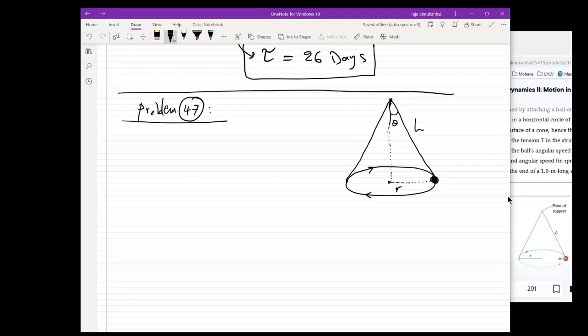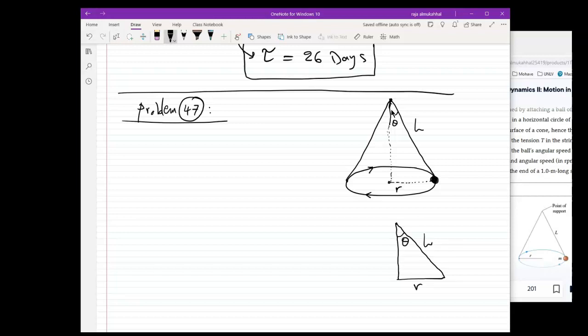Anyway, if I look at this triangle right here, guys, I'm thinking about geometry for the moment. I'll do the physics in a minute, because I don't have an expression for the radius. But he gives me L, and this is theta, and this is the radius right here.